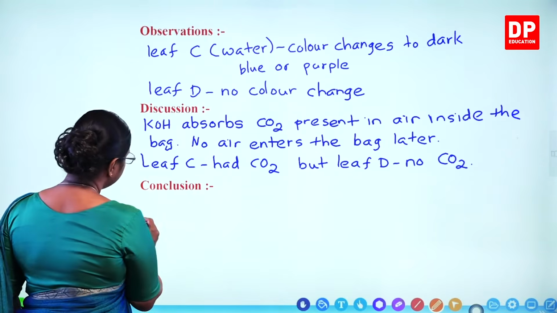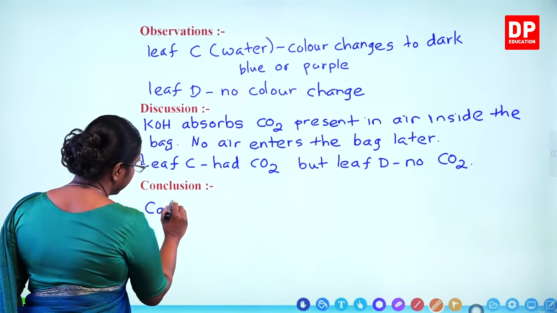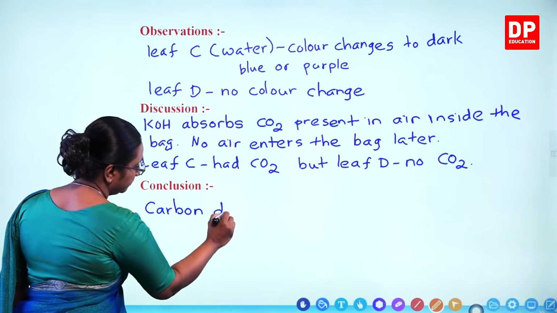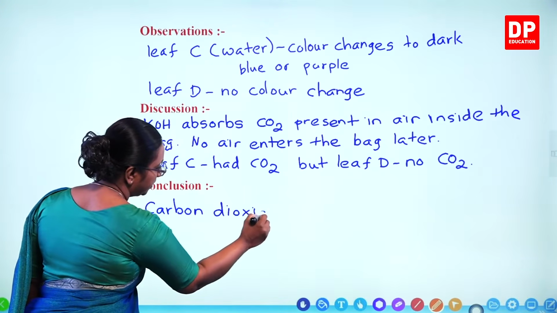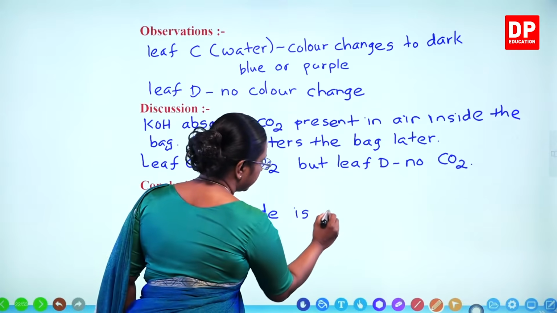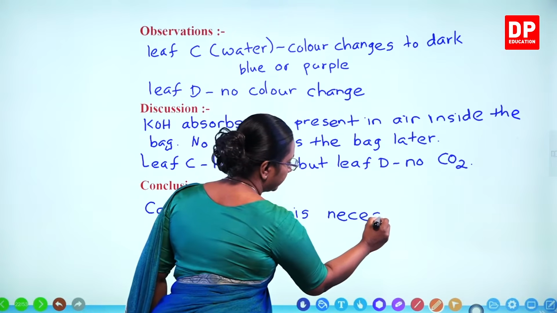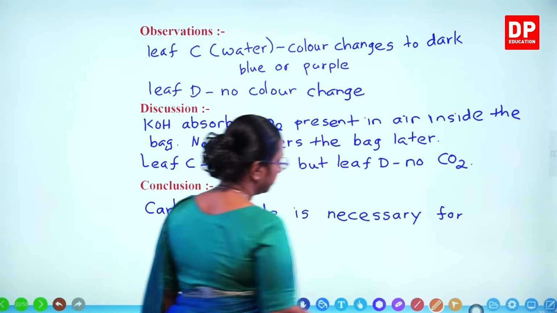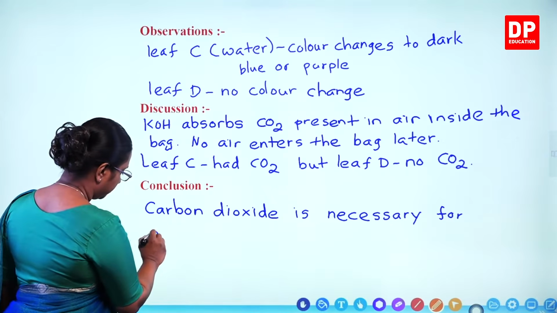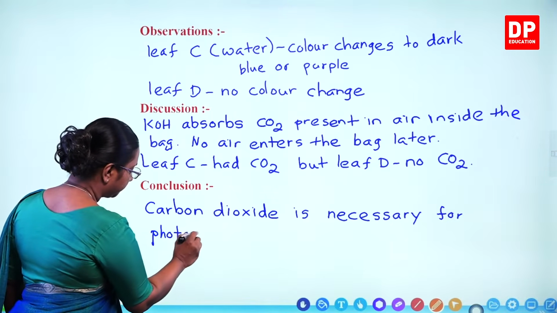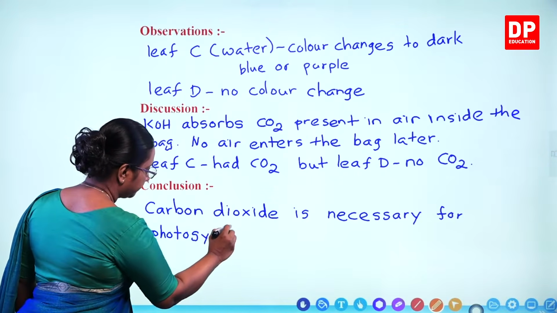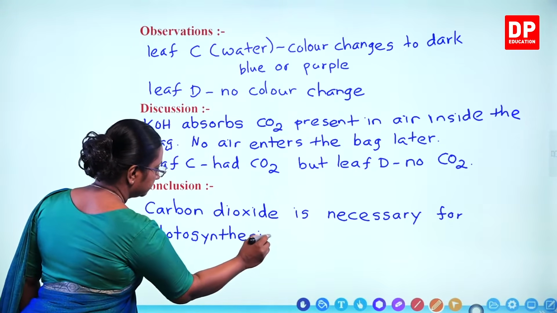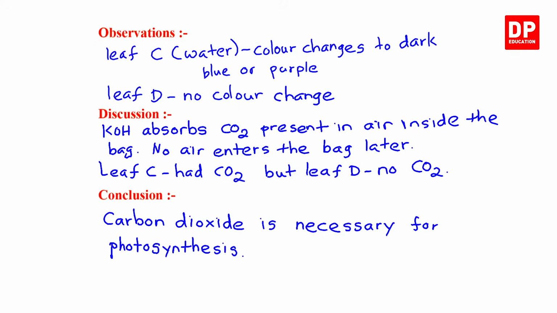So here the conclusion is carbon dioxide is necessary for photosynthesis. Okay, students. With that, we will move on to the next activity.